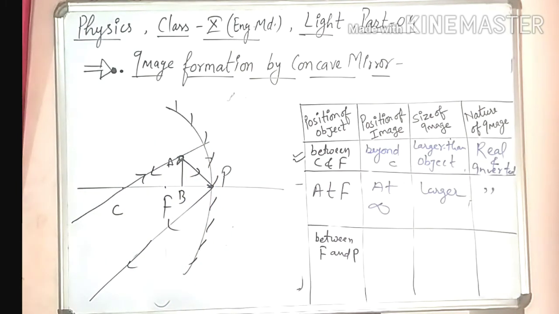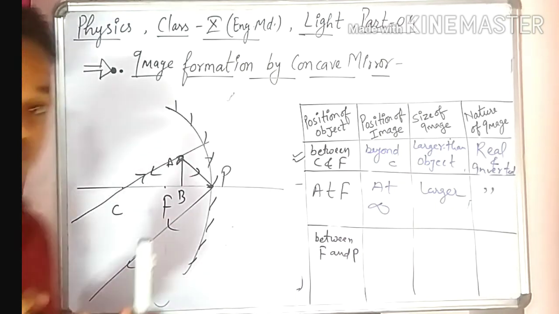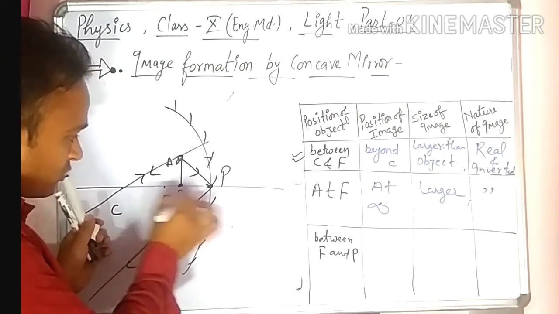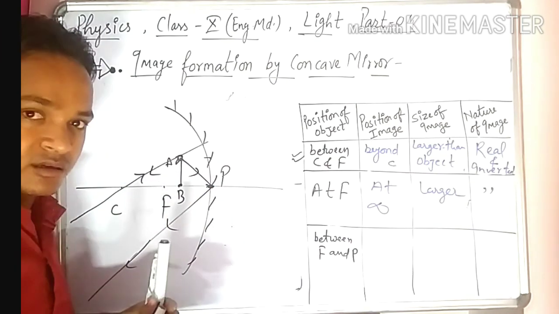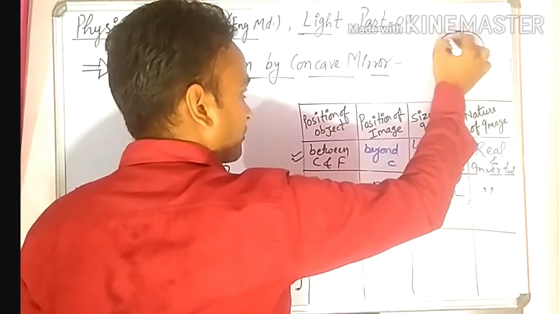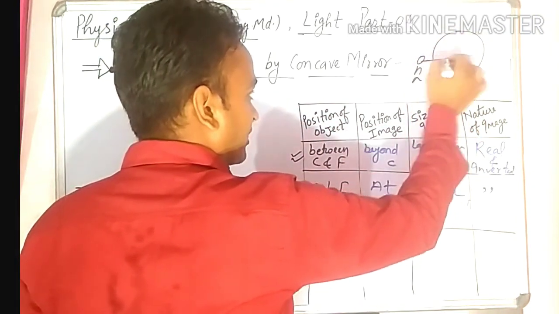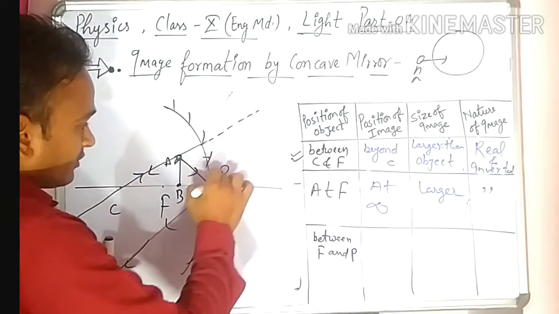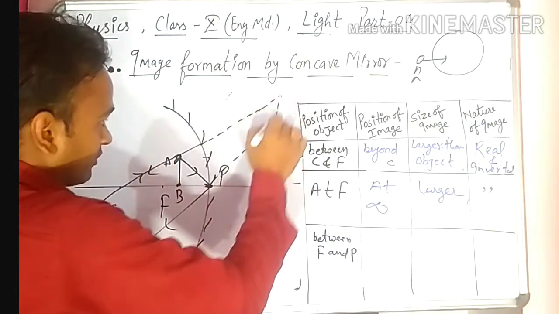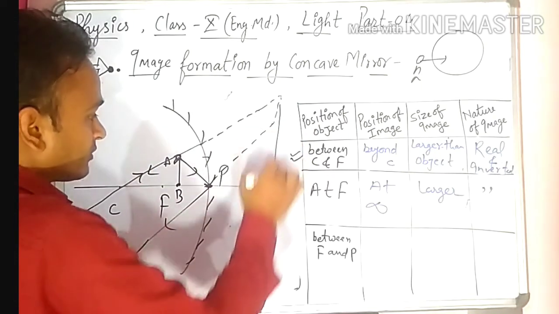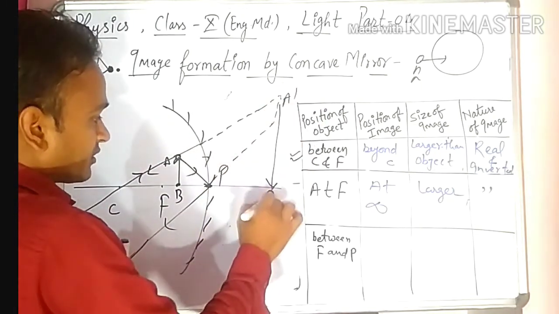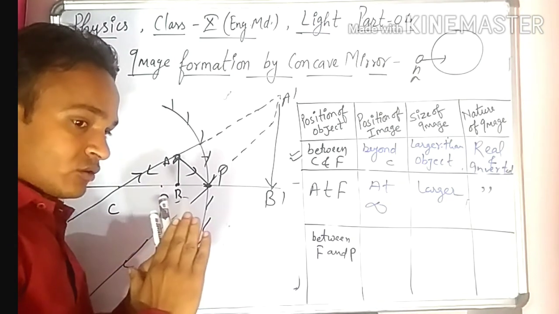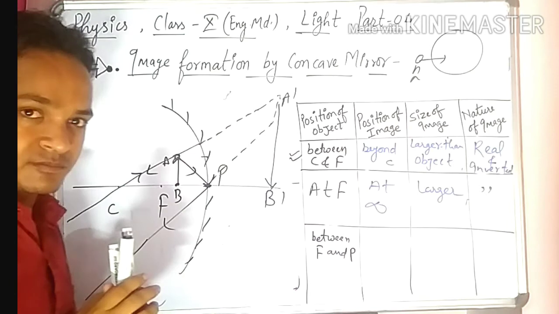Are they meeting? No. In this case, we are standing very near to the mirror, near the pole of the mirror. Suppose it is a mirror and I am standing here. So draw the lines, they will meet at A dash, B dash behind the mirror. When we are near to the mirror, the image is formed behind the mirror.